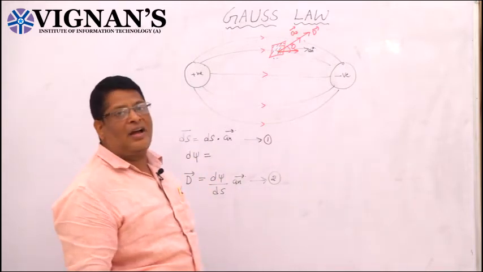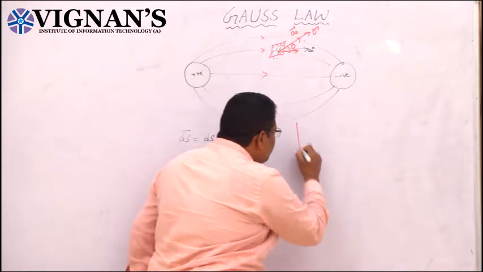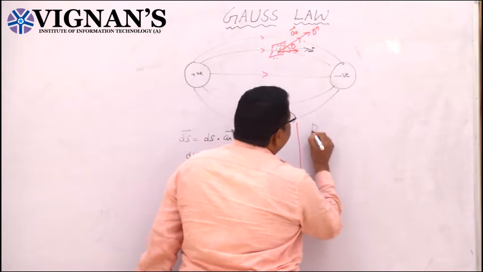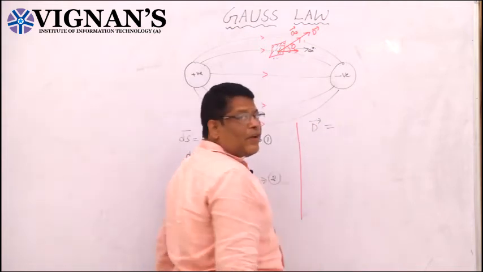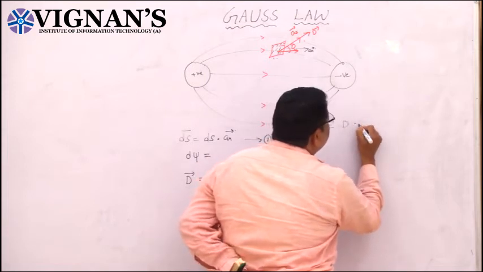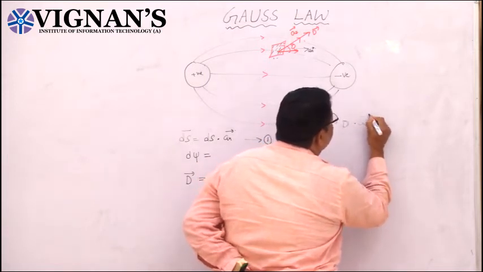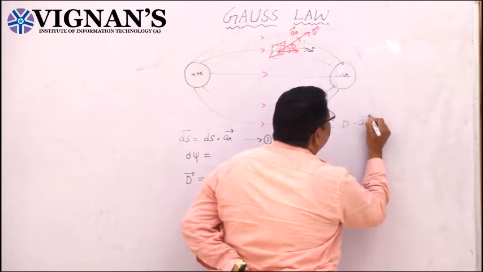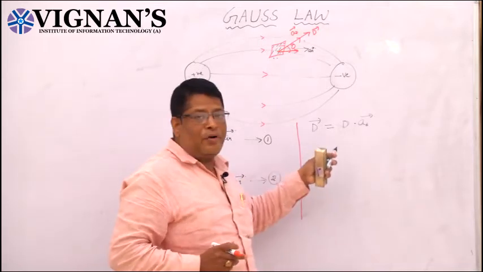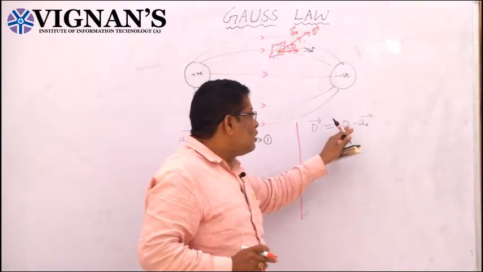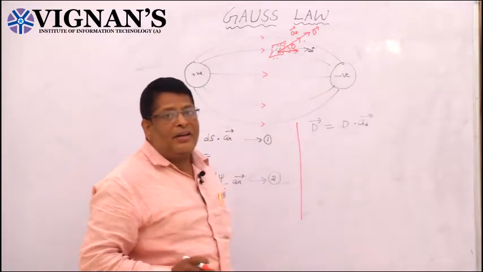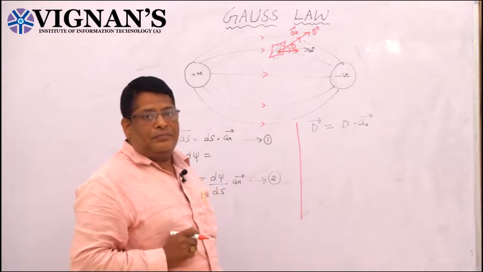Now we are representing the D bar. D bar, the flux density vector, equals the magnitude of the flux density D into a D bar. All of you listen very carefully, this is very important. D bar equals D into a D bar, where a D bar is a unit vector in the direction of D bar.